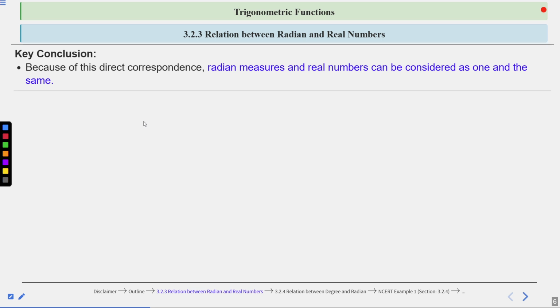If you recall, the domain of most of your trigonometric functions, mainly sine and cosine, is the complete set of reals. But initially how are we defining things? In radians, in terms of theta. So if you are talking in radians and if you are talking in numbers, both correspond to the same thing. So this leads us to the generalization of trigonometric ratios to trigonometric functions.